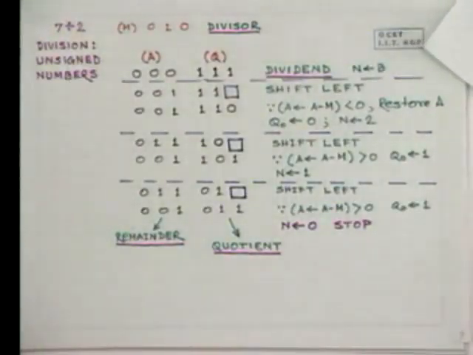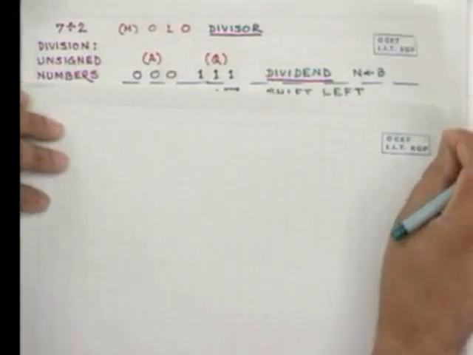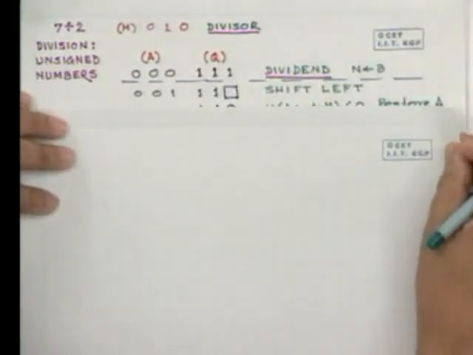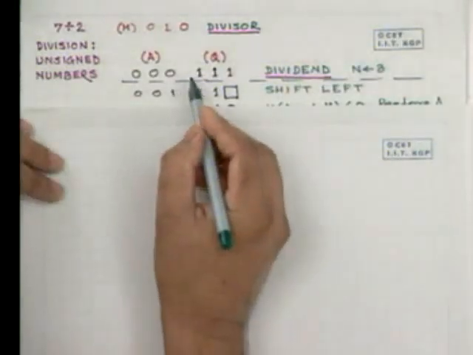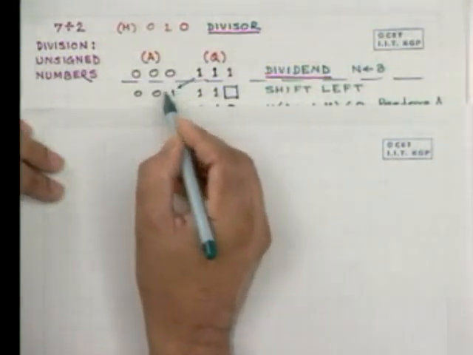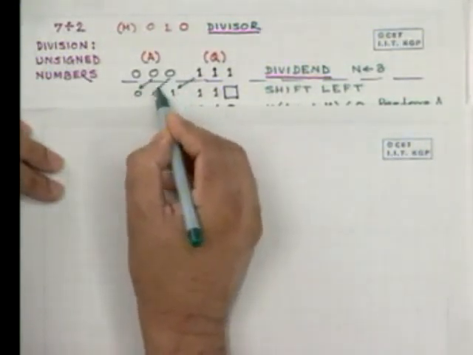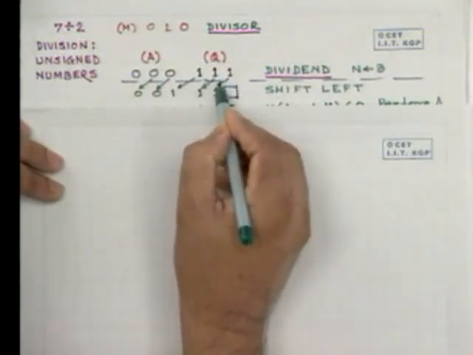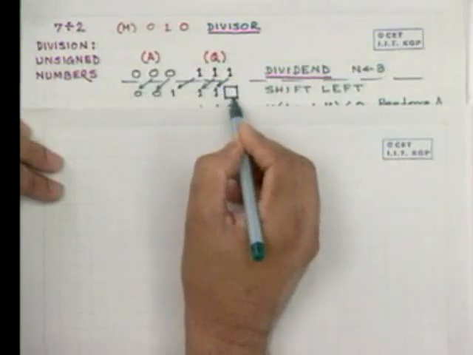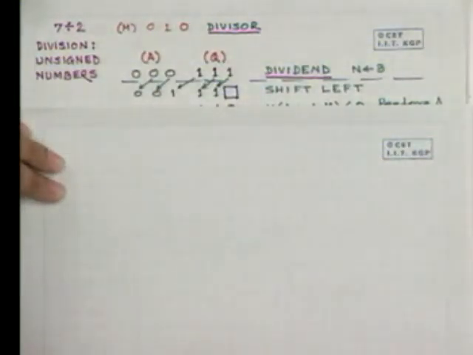Now, let us go step by step with this operation. Next, we shift left one bit position, so this 0 comes here, this 1 comes here, and this 1 comes here, and we will have to decide what will be the Q0 bit.